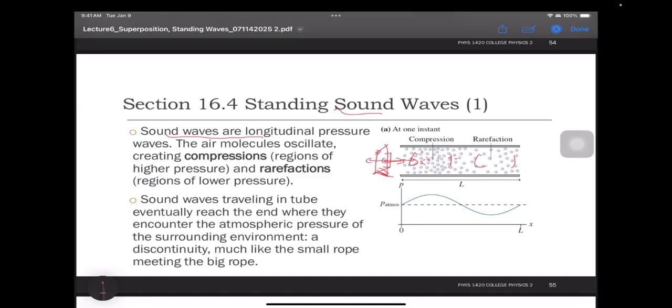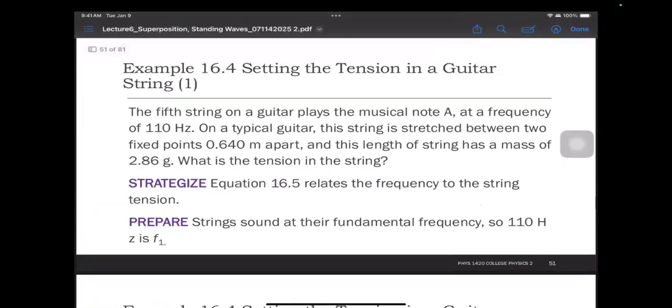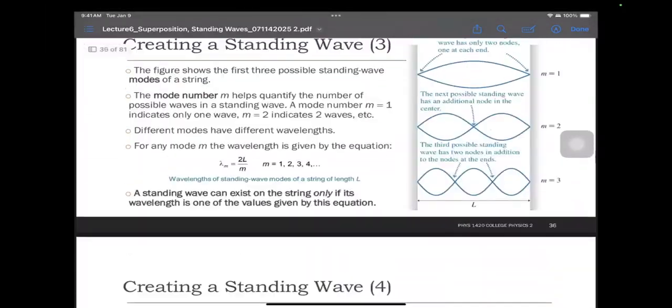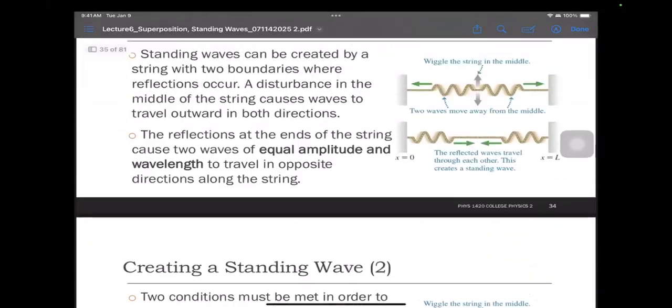And sound waves traveling in a tube eventually reach the end, where they encounter the atmospheric pressure of the surrounding environment. Here it is like a discontinuity, much like the small loop meeting the big loop. We talked about this just now.